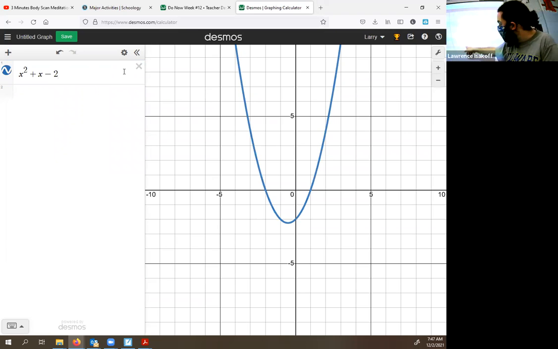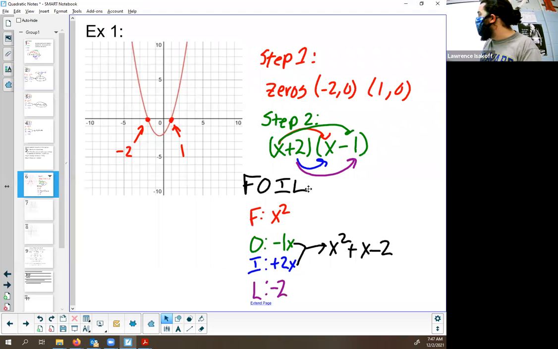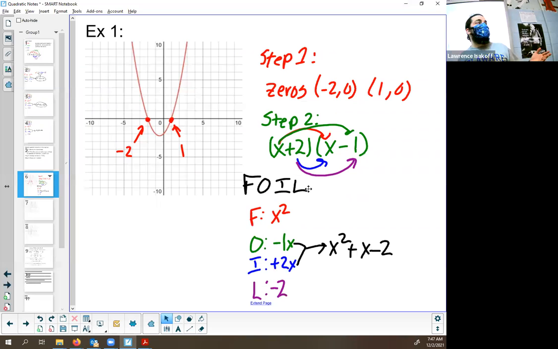So this is what this shows me. Again, I get zeros at -2 and 1. And again, I look at my picture here compared to here. Hey, that's looking pretty good to me. Just flipping between those two. Hey, they match up. I did this correct. Any questions on this?